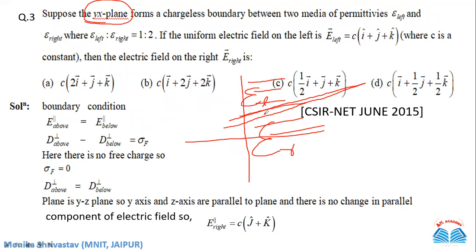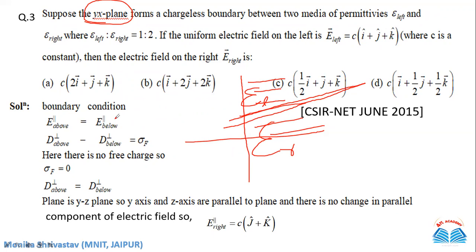So how to solve these types of questions? This question is from NET June 2015, and these types of questions come frequently, year by year. In NET June 2019 the same question came. In NET December 2019, a question was related to this problem, but not the same.